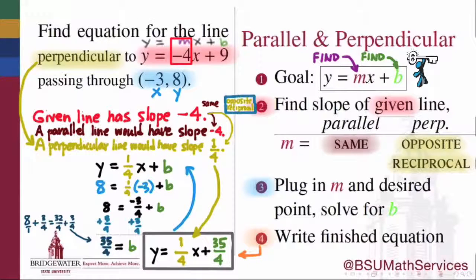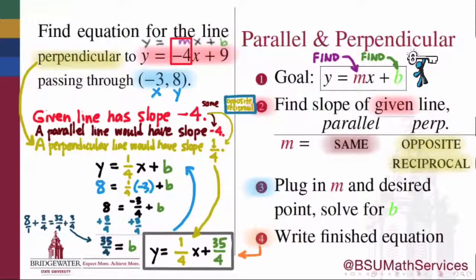So to determine the equation of a line which is either parallel or perpendicular to a line which you've been given, start by understanding the slope of the original equation that you've been given. In this example, we had to observe that the original line had a slope of -4.